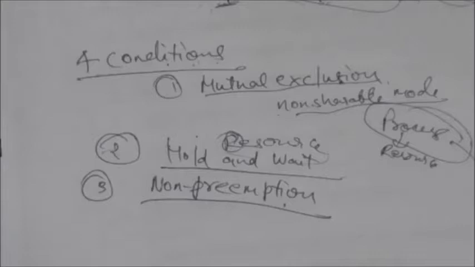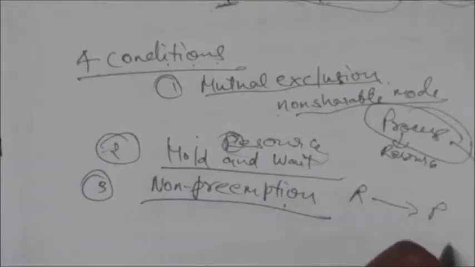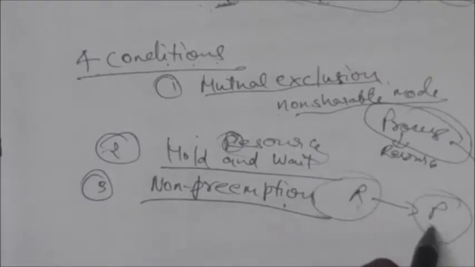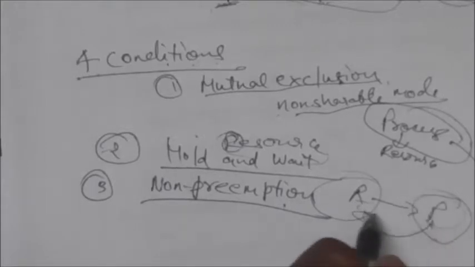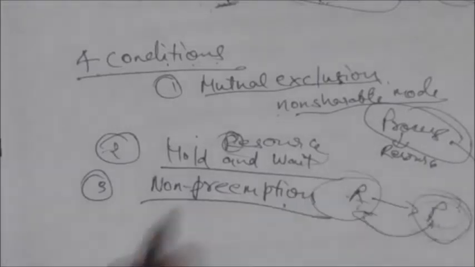That resource can only be released by the process after completing its task. The process will keep the resource until it completes its task, and after that it will release the resource. So this is the third condition.